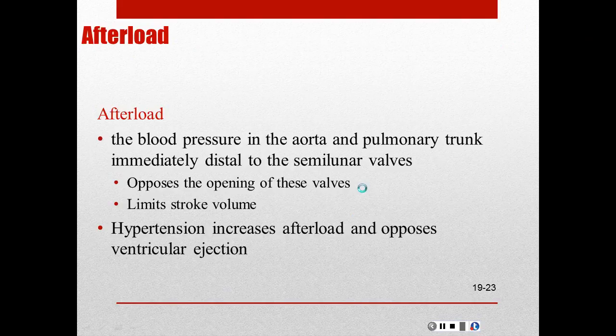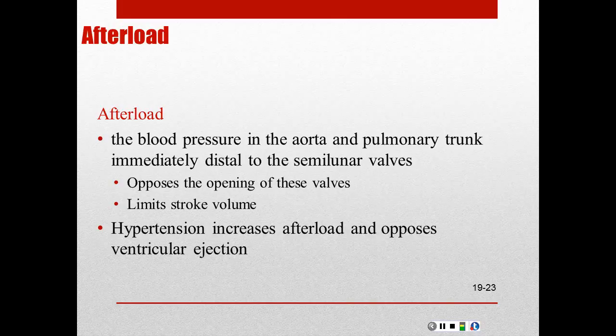Now, afterload is the blood pressure in the aorta and pulmonary trunk immediately distal to the semilunar valves. Afterload opposes the opening of the valves and therefore limits stroke volume.